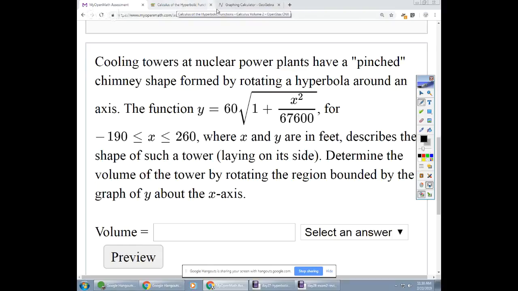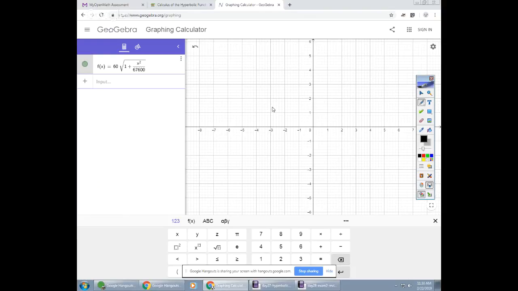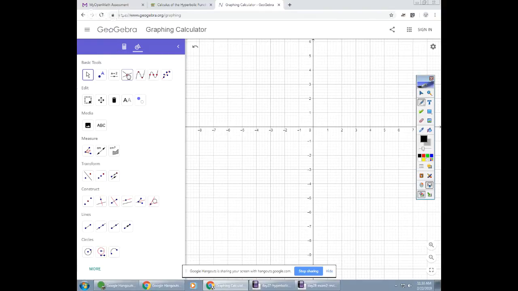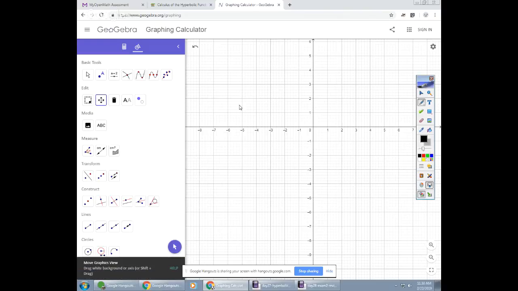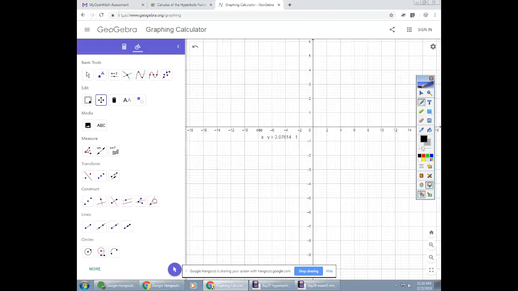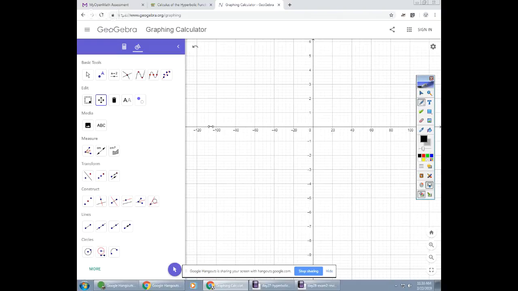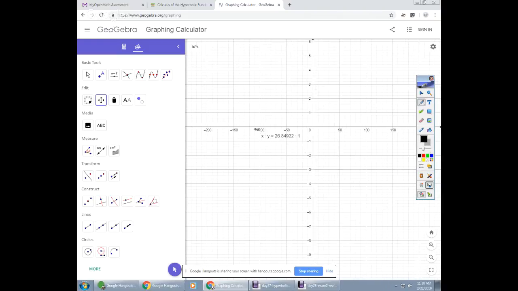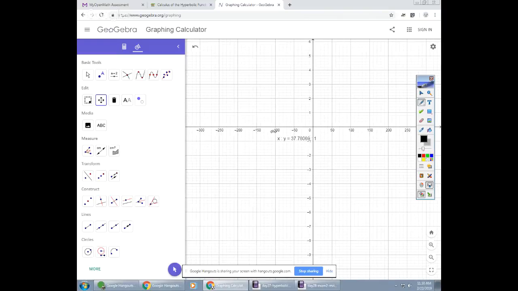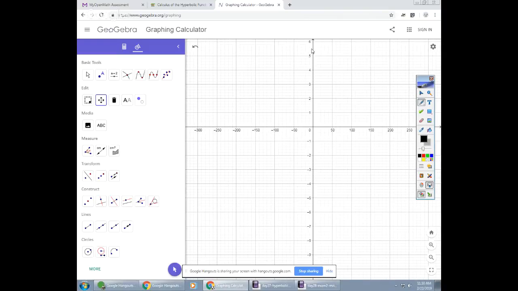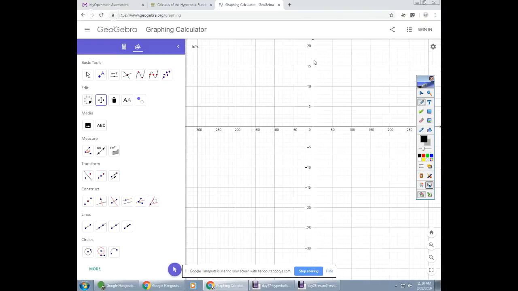So back here, enter, and then I just need to change my scale. I need to get over to negative 190 and positive 260. If you're using Desmos, you can type those in. All right, that should be enough. Now I just need to drag it down till I see it.